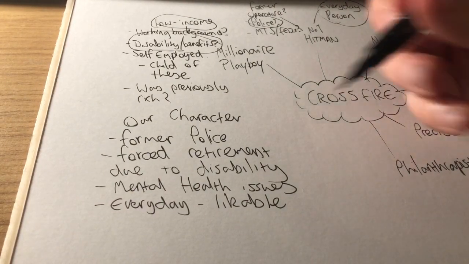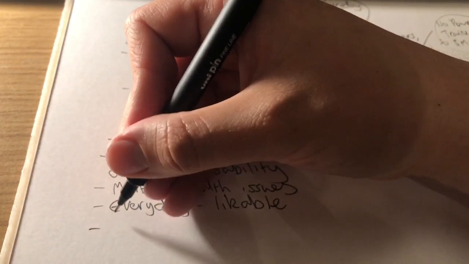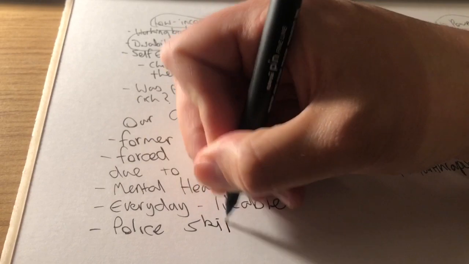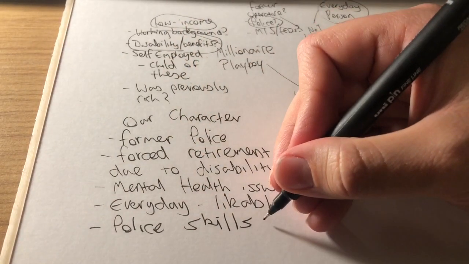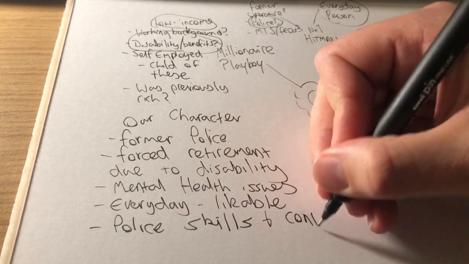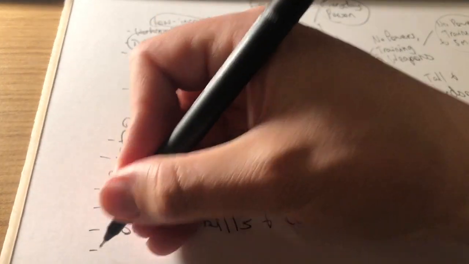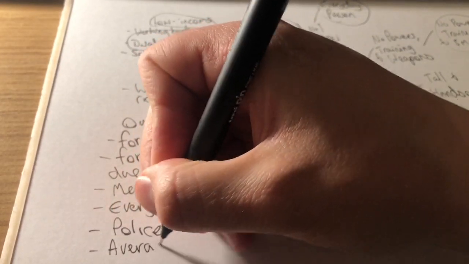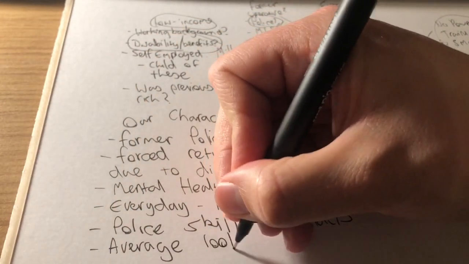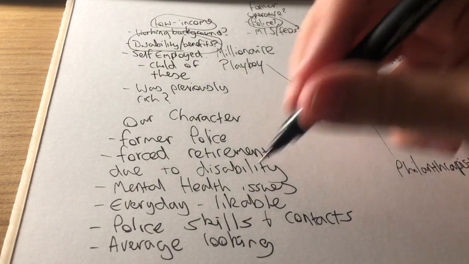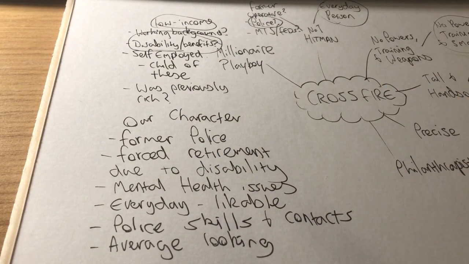He has to be smart, so he has to use his police skills and his contacts. Let's see. Let's have him be quite average looking as well. And the erraticness comes in with that as well. Okay.